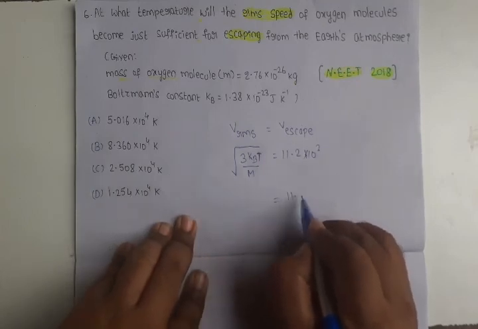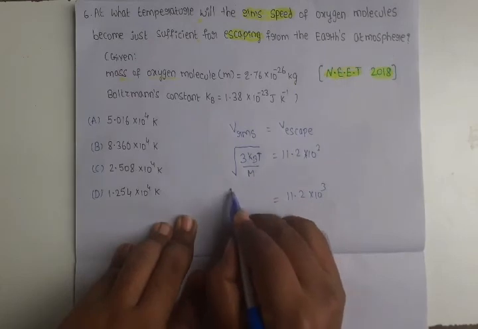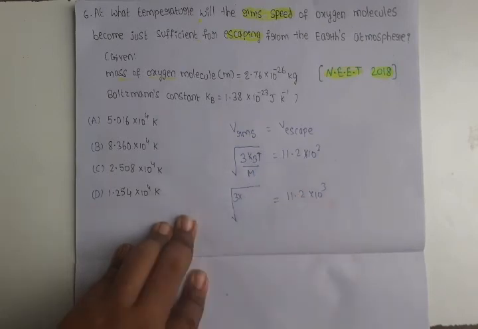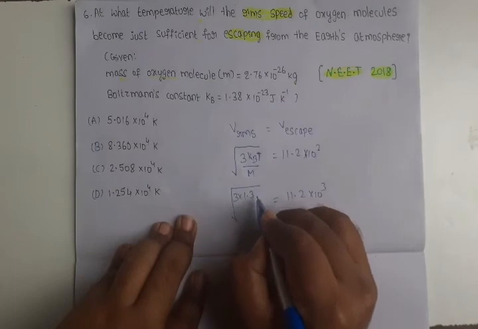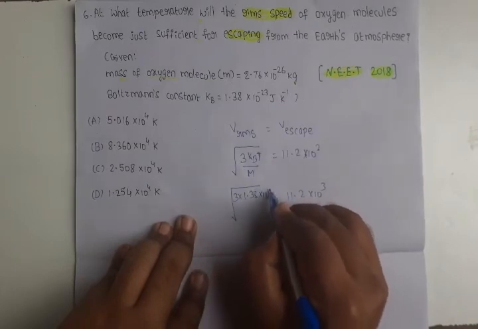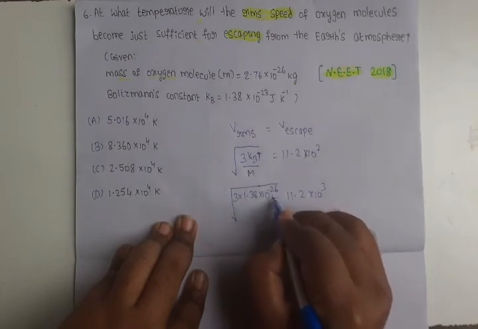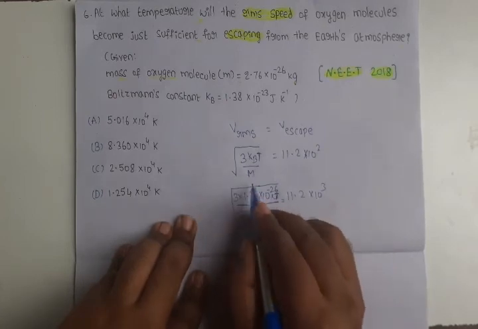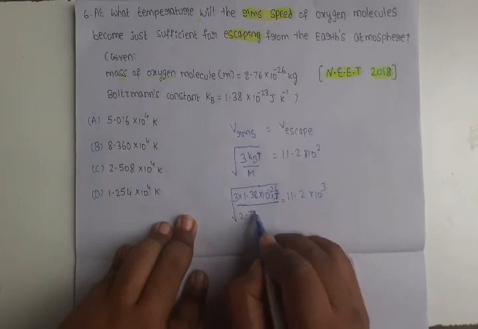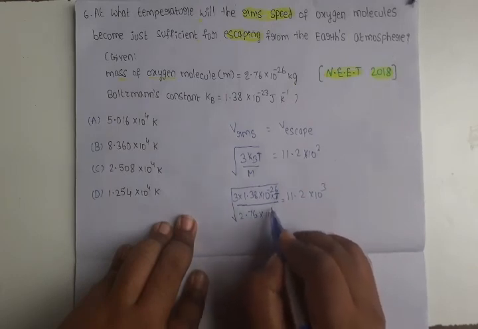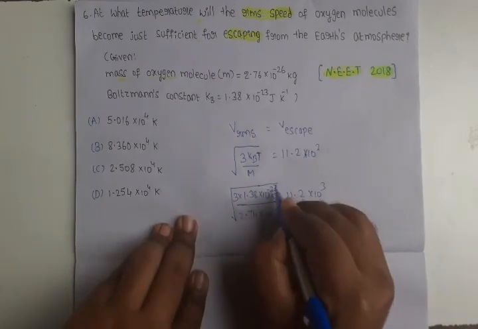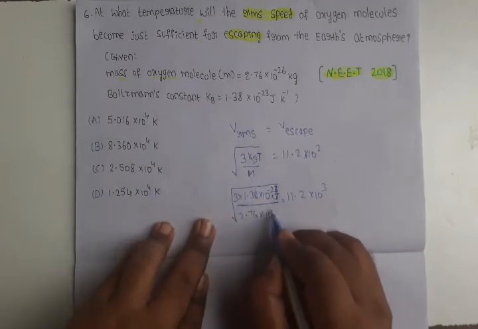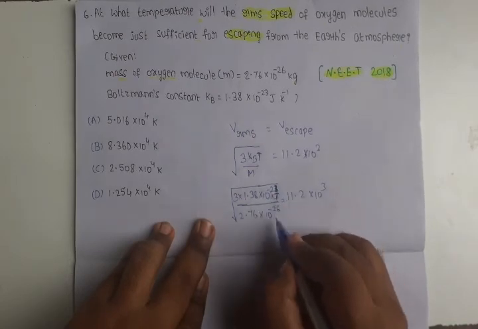Okay, substitute all these values. Square root of 3 into Boltzmann constant value 1.38 into 10 to the power of minus 23, into T by mass of the oxygen molecule 2.76 into 10 to the power of minus 26, equal to 11.2 into 10 to the power of 3.